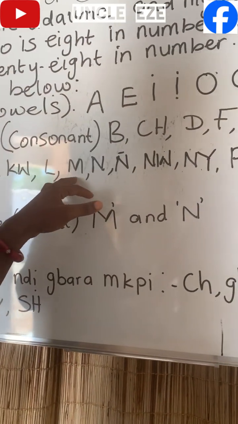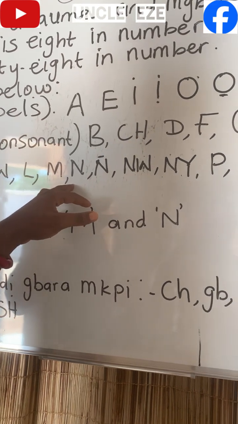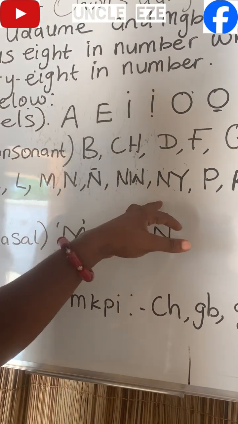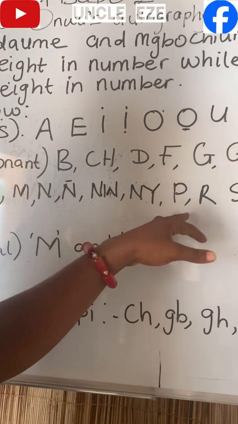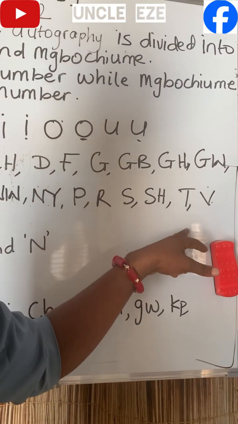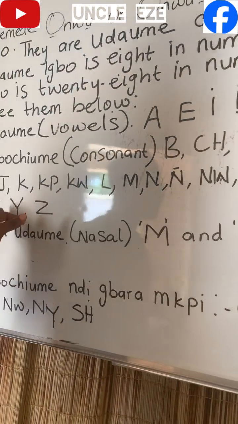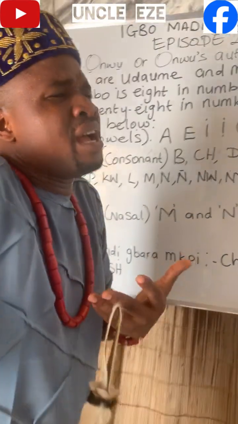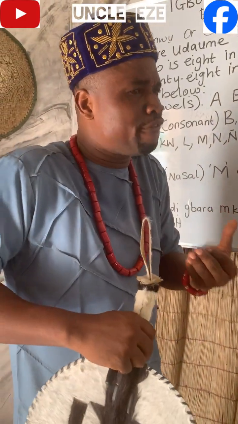Lo, Mo, No, Ngo, Nwe, Nye, P, R, C, Sh, T, V, W, Y, Z. You will notice that each one is obstructing the airflow.